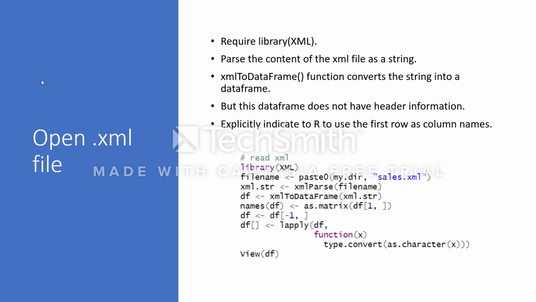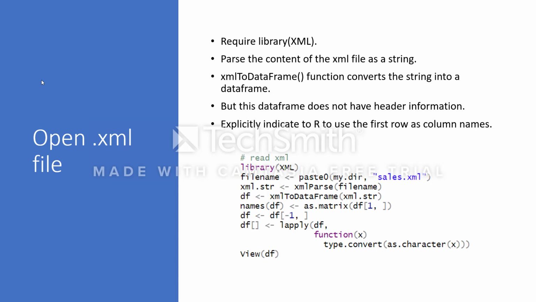Usually we do not read XML files using Excel. However, it is one of the file formats that Excel can open, so here it goes. For reading this format in R, we need to install a library called XML. A function xmlParse under it can parse the file contents as a string, then calling xmlToDataFrame function on that string returns the corresponding data frame.